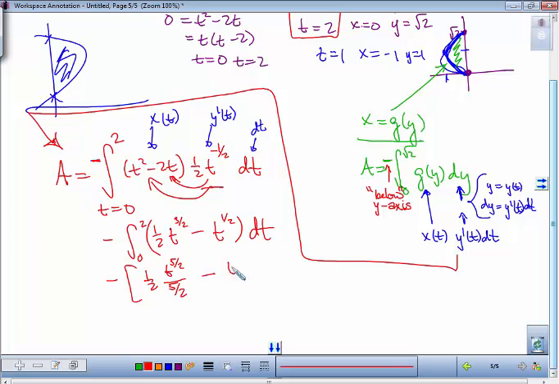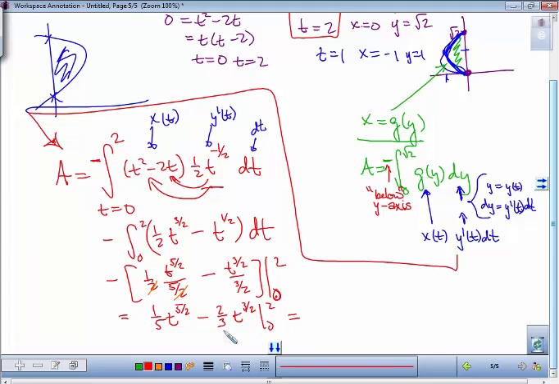And then I have t to the 3/2 over 3/2. Right, let's see. Cancel, cancel. You got 1/5 t to the 5/2 minus 2/3 t to the 3/2, going from 0 to 2.